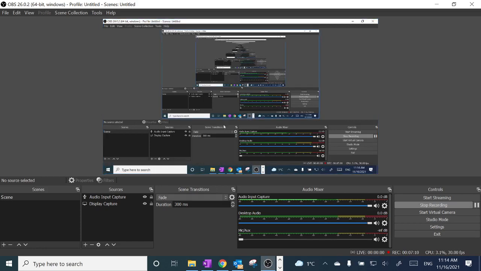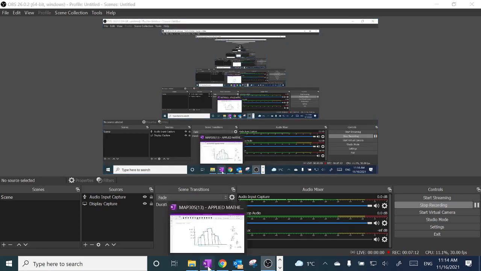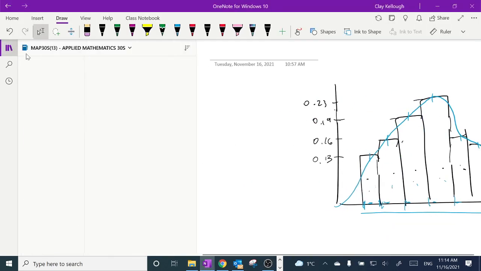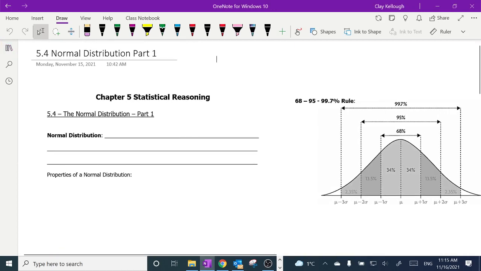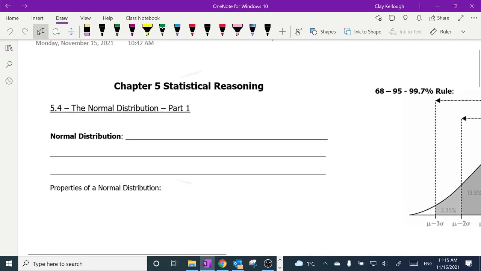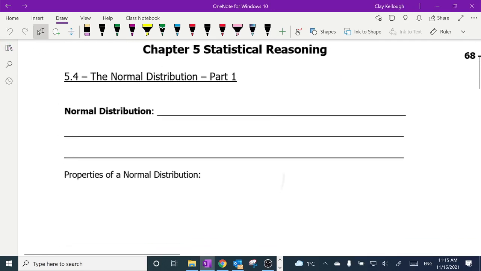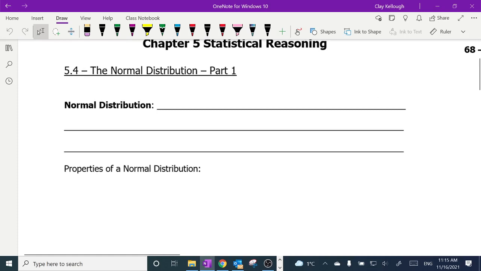Okay, so we just watched the video, and now we're going to summarize what we saw in our notes. So go to the 5.4 part of the notes, and let's answer this question first. What is the normal distribution?